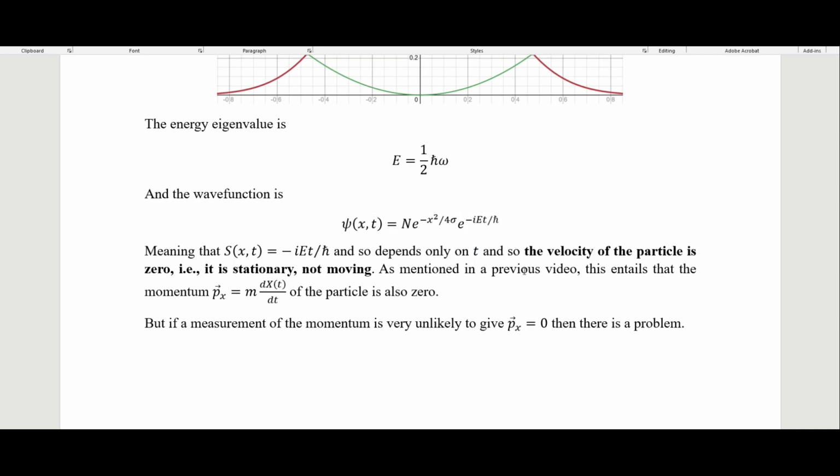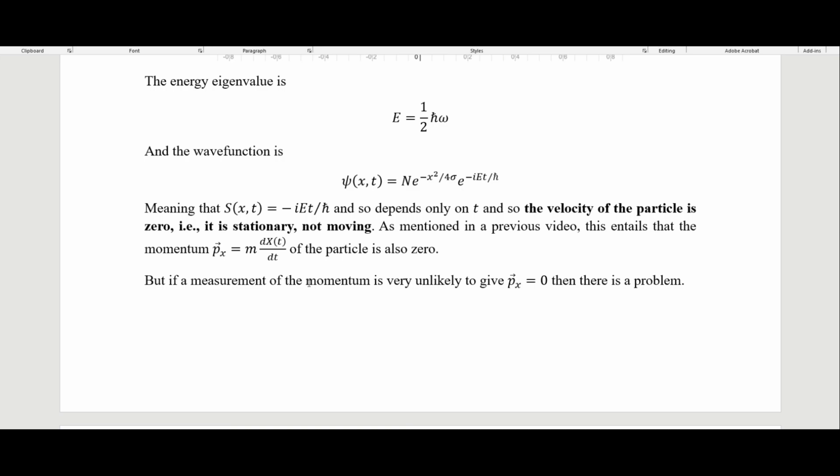As I said in a previous video, the velocity of the particle is actually zero, meaning that it's stationary, it's not moving. And as I mentioned, this entails that the momentum is equal to zero. But if we actually performed an experiment and measured the momentum, it's very unlikely that it's going to give us zero.